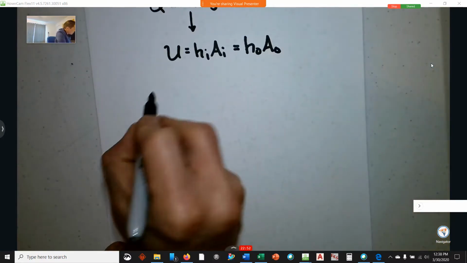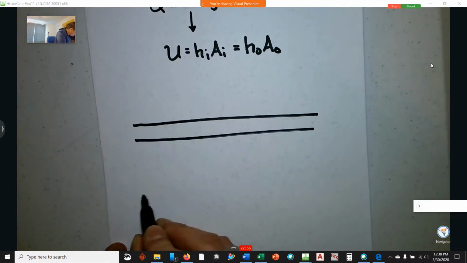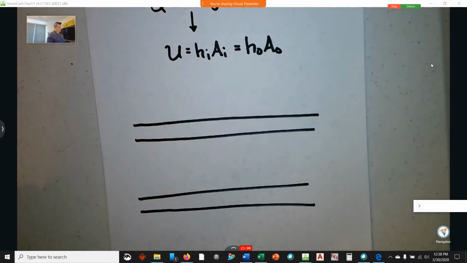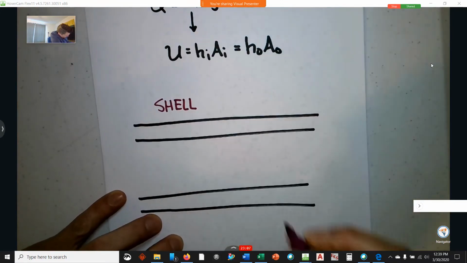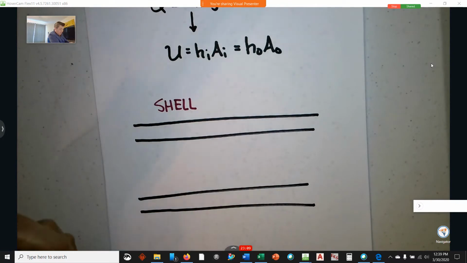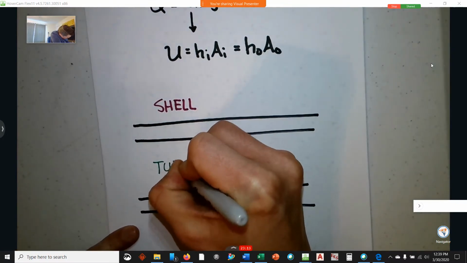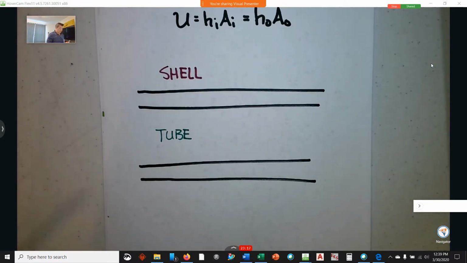And what this means is we have a shell side, we have a tube side, and in a real system there is a pipe that separates the shell and the tube.